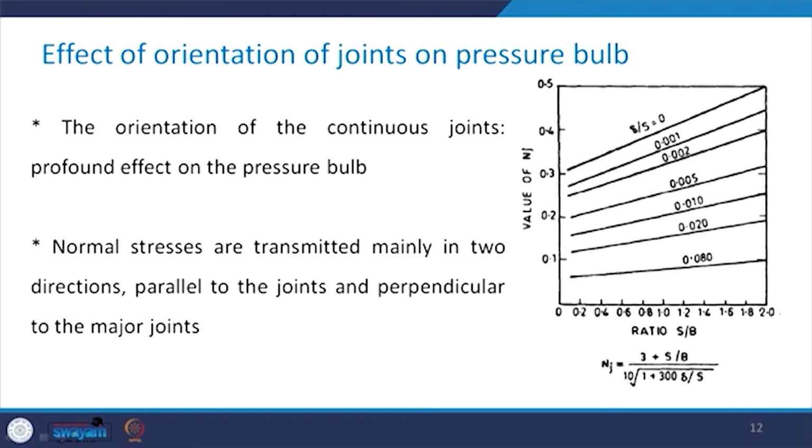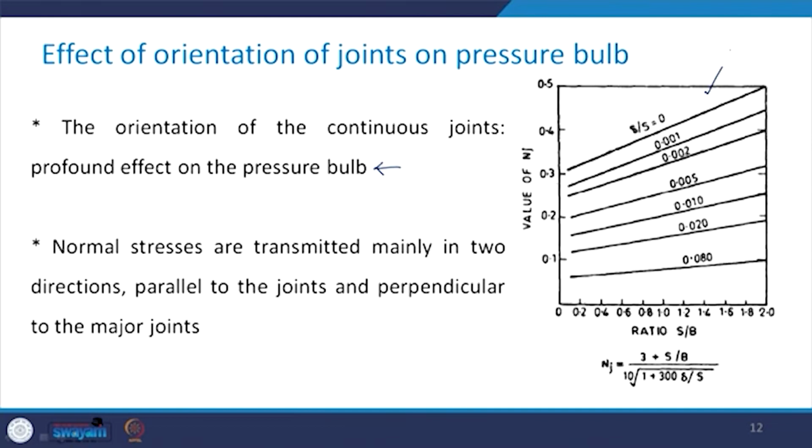Effect of orientation of joints on the pressure bulb, we have seen that earlier also, where I showed you which type of orientation is very favorable, favorable, fair, unfavorable or very unfavorable. So, the orientation of the continuous joints has profound effect on the pressure bulbs. Normal stresses are transmitted mainly in two directions.